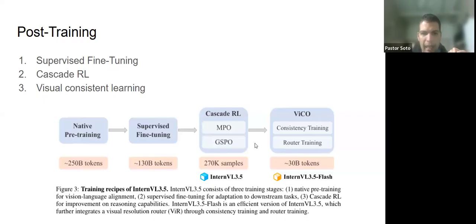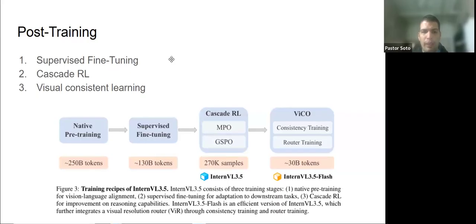And as I showed you in the architecture, they have 2 ways of doing it. One is with the flash model that uses the vision resolution router that I explained, which uses a classification model to decide if you want high resolution or low resolution, and the other one doesn't have that. They test both approaches, and we will see that.